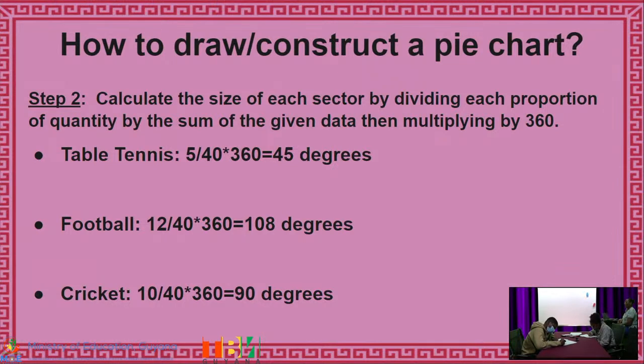If we're reducing it, how can we reduce it? Okay, we could cancel the 0 from the 360 and the 0 from the 40.